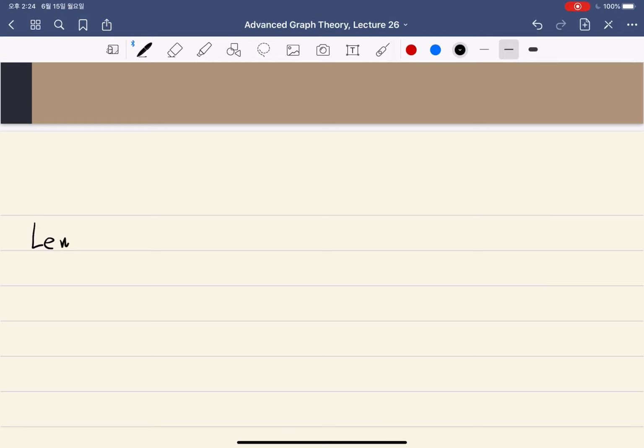So for example, we can prove this lemma called the triangle counting lemma.